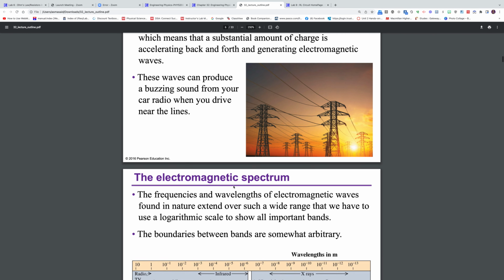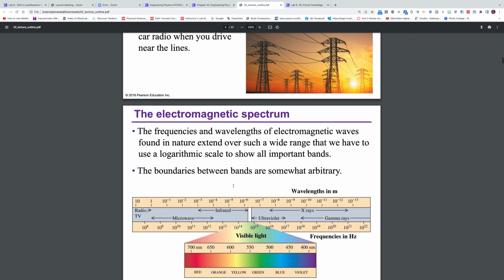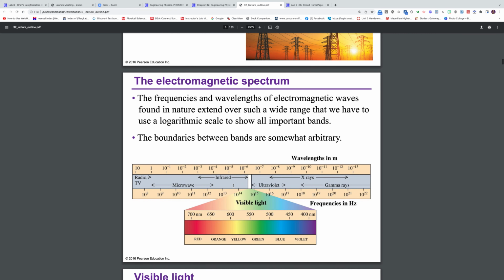Now, there is a spectrum called the electromagnetic spectrum, and it extends across frequencies or wavelengths. We can say from radio waves, moving to microwaves, to infrared, to the visible light, ultraviolet, and then X-rays, and then gamma rays.